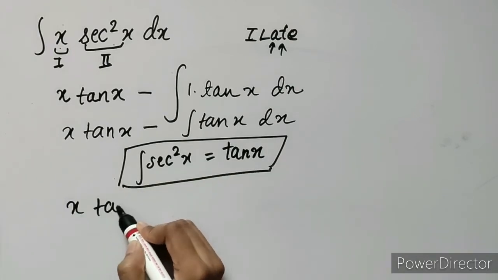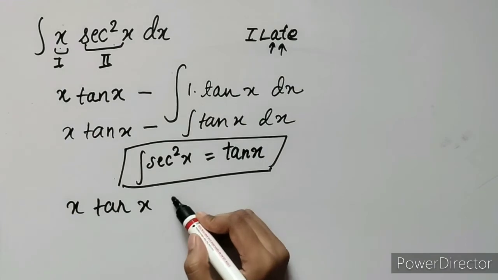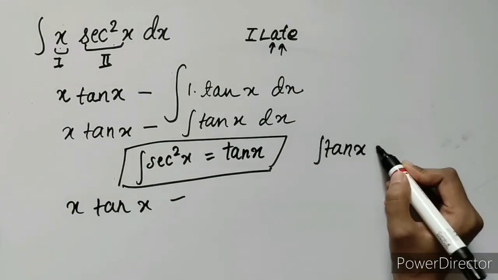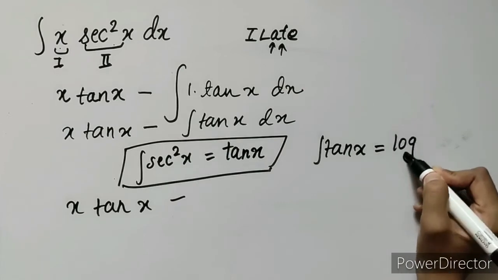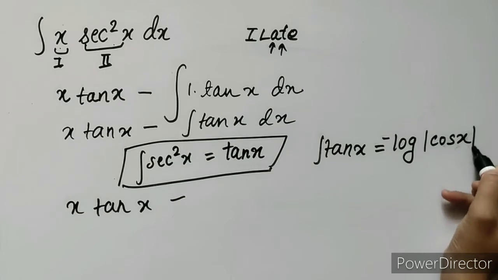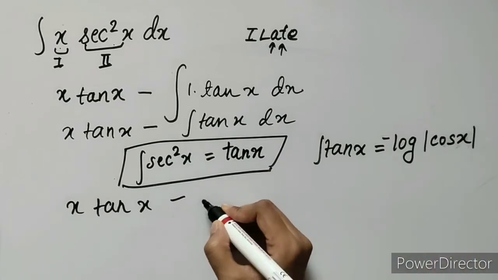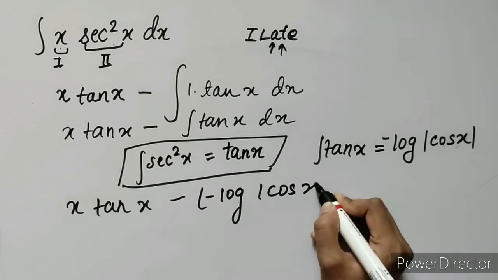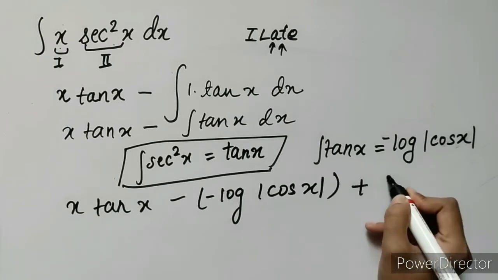Then again you can write it as x tan x minus integration of tan x is equals to minus log cos x. So you can simply put the value, which is minus log cos x plus c as a constant.